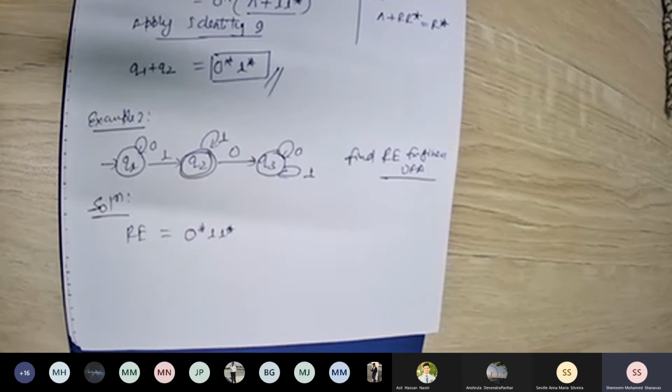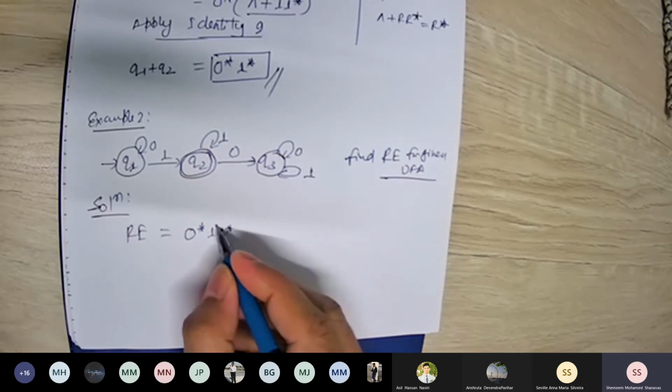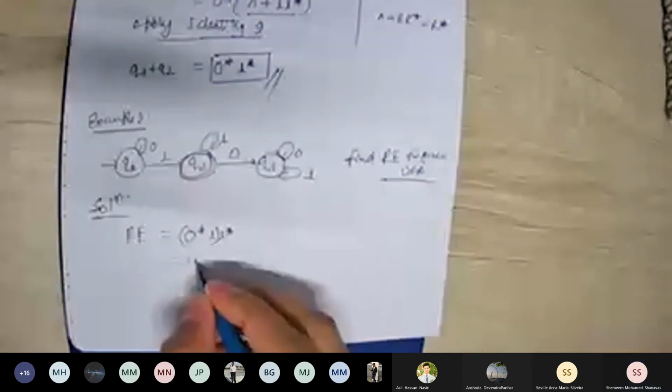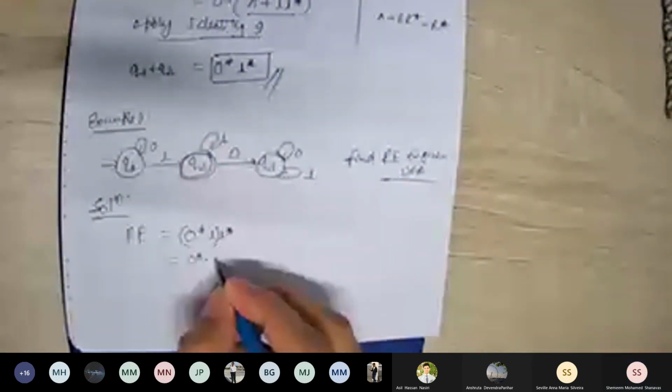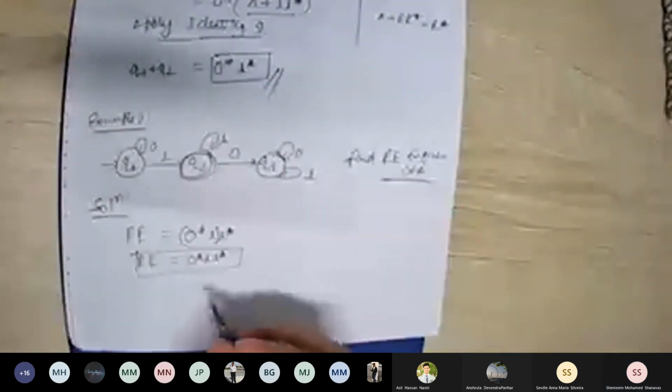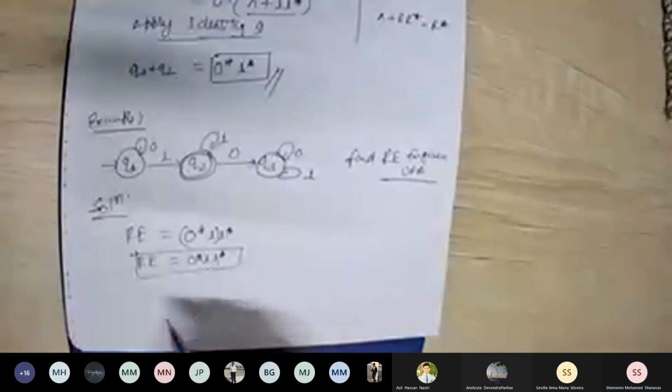Isn't it 0 star 1 inside bracket? Yes, both will be exactly the same. So this you can write as 0 star 1 star. So what does it mean?